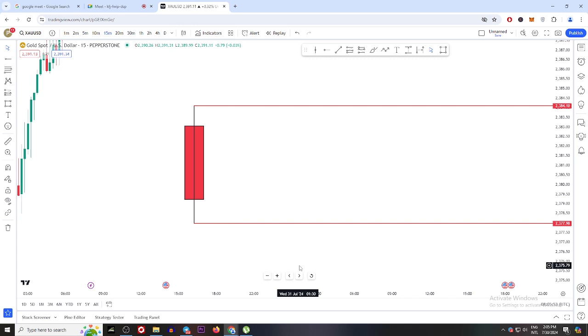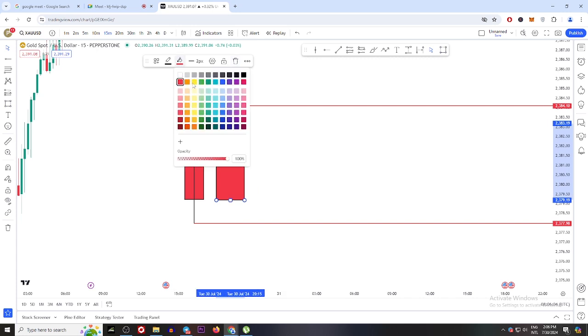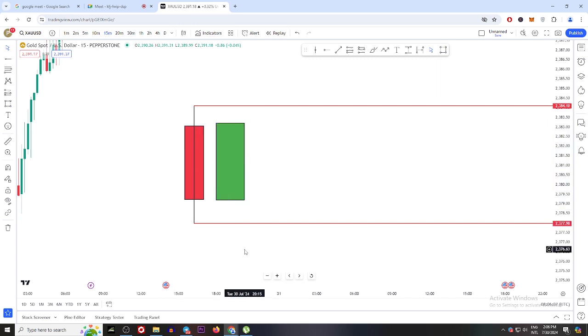Now, the rules we have: as it is a red candle, what will be the combination for it? Green color. So if we have a green candle here, can we call it an engulfing? Not yet. Can we call this an engulfing? Not yet. As the first candle is red, we look for the combination, which is the green candle.